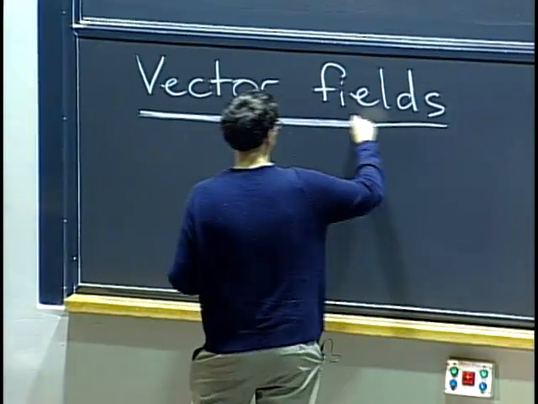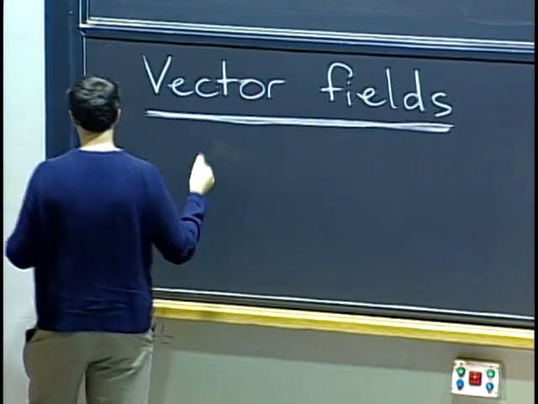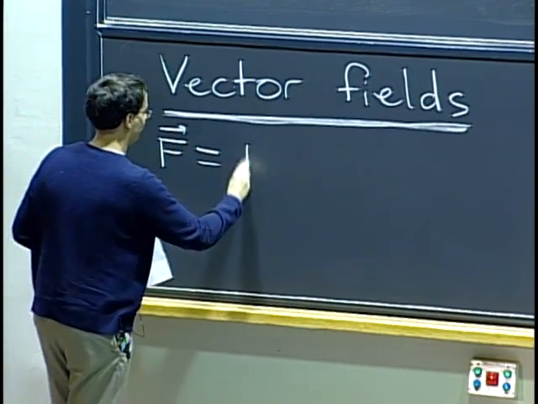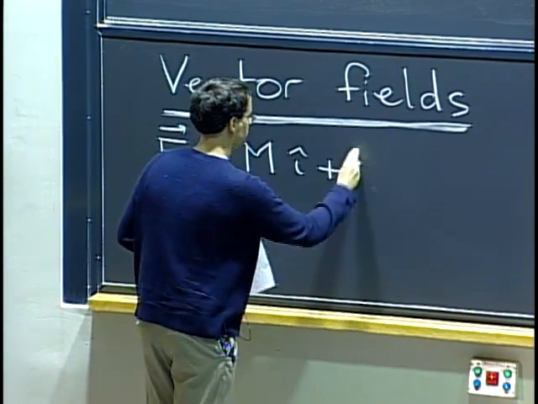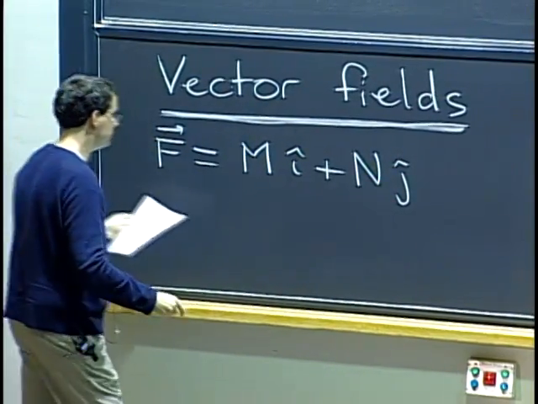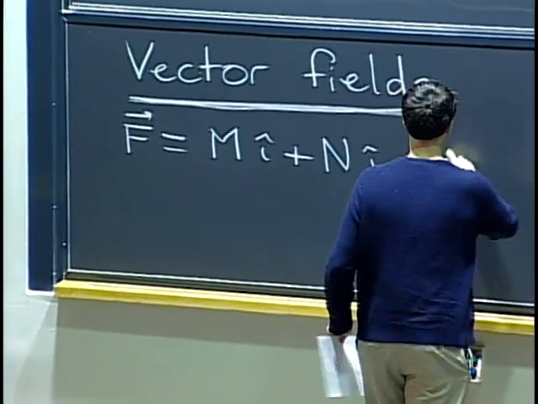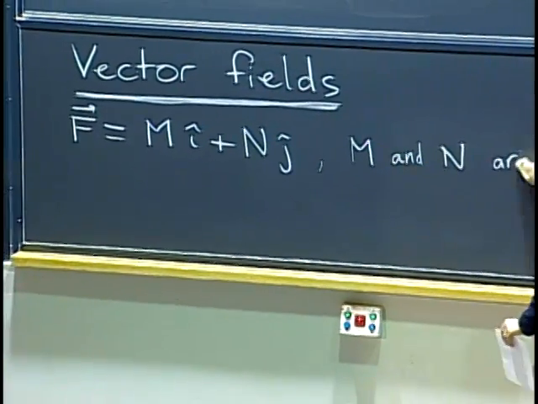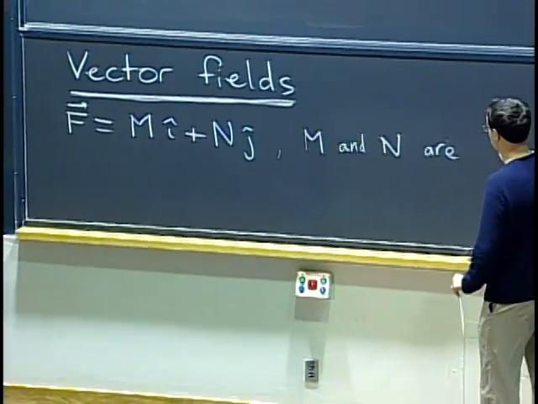So what's a vector field? Well, a vector field is something of the form, well, it's a vector, but where m and n, the components, actually depend on x and y, on the point where you are.